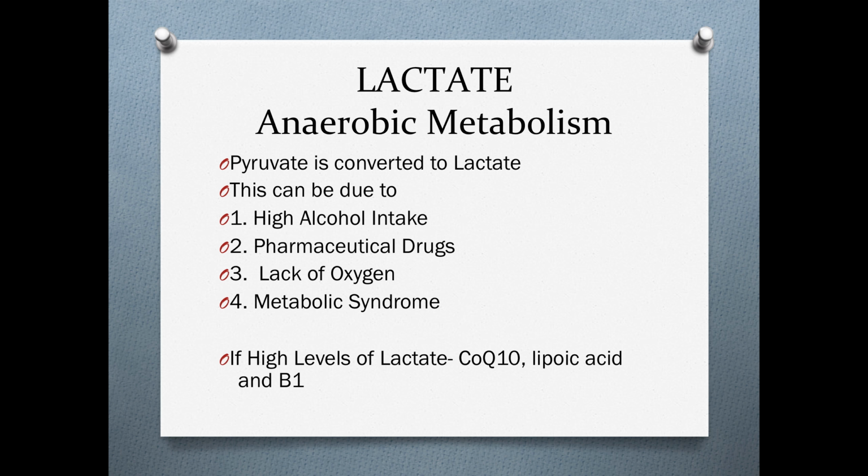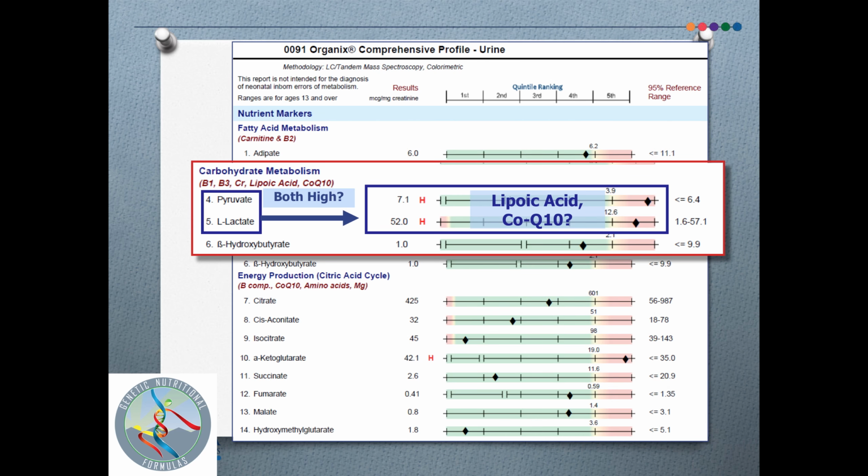So if you have high levels of lactate, what we want to do is supplement with CoQ10, lipoic acid, and B1. So here's an example of both pyruvate and lactate being high. So in this situation, lipoic acid and CoQ10, you would want to supplement with to restore the carbohydrate metabolism.